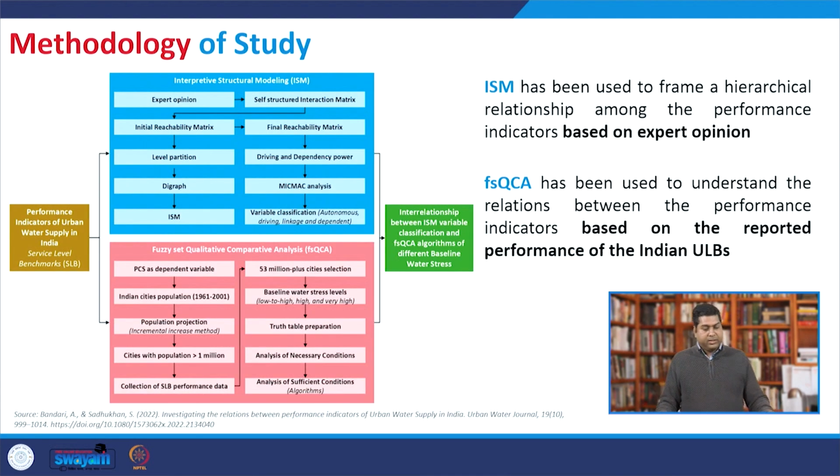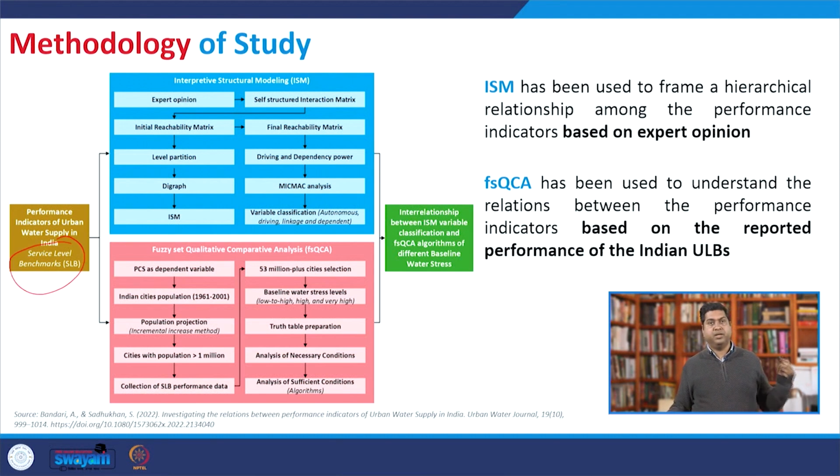Here is the methodology of the study, where the overall idea was to check the performance indicators of urban water supply in India, where we have used the service level benchmark as our main document.